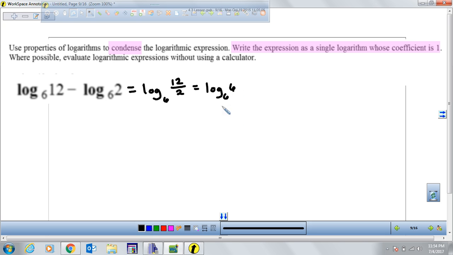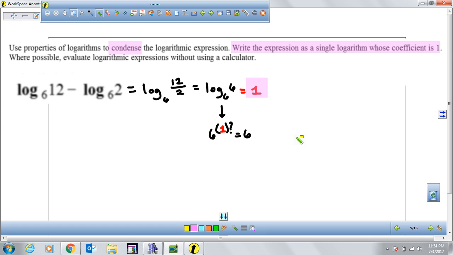But now we can evaluate this. This is a special property, because it means 6 raised to what power equals 6? That would be the power of 1. Anytime we have a log base b of b, by the properties, it equals 1. And so the answer for this log is just 1.